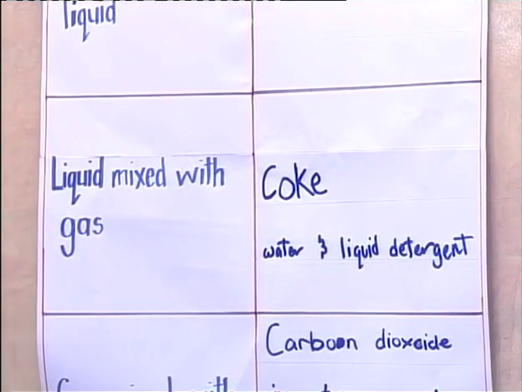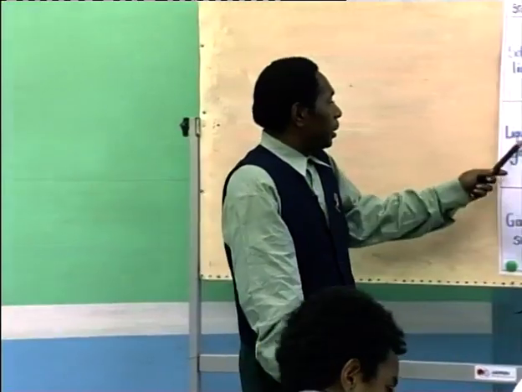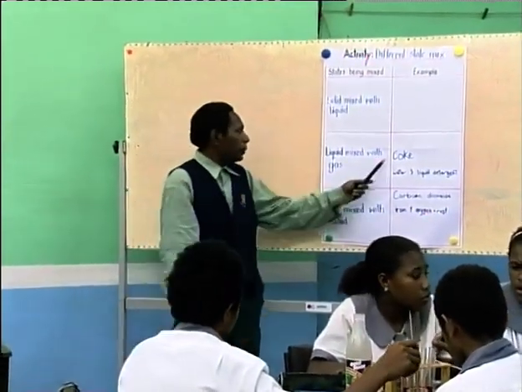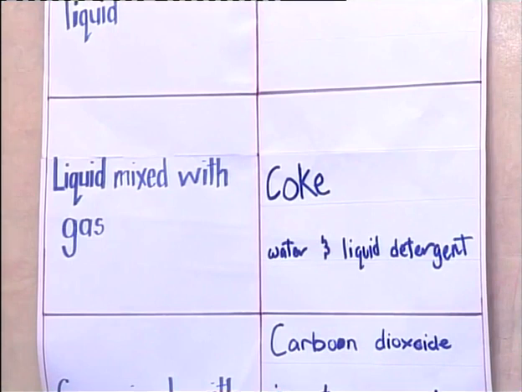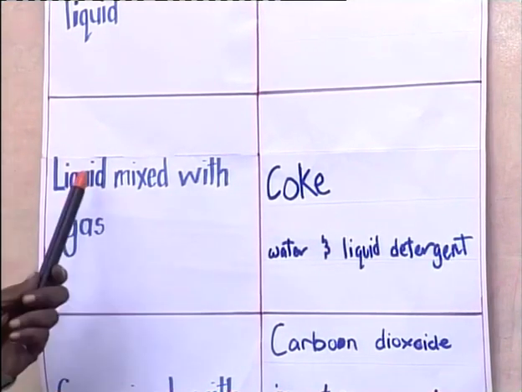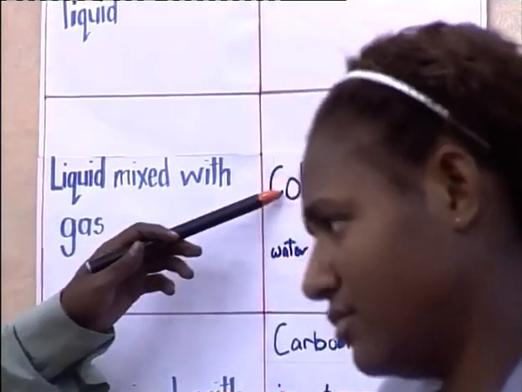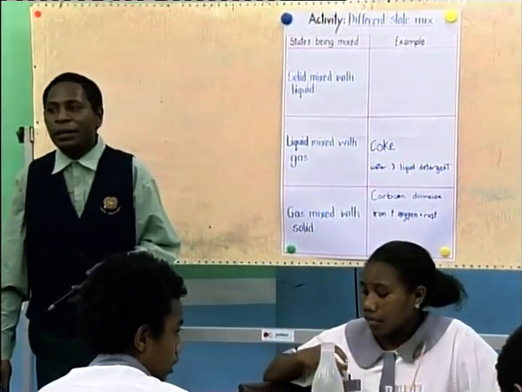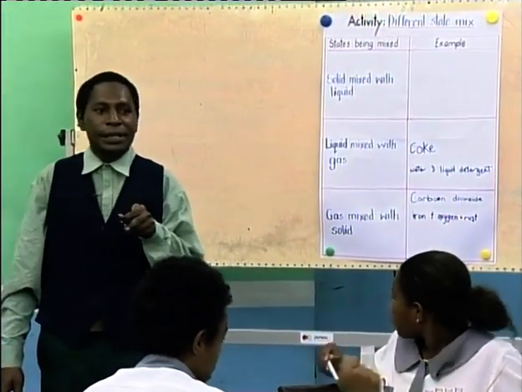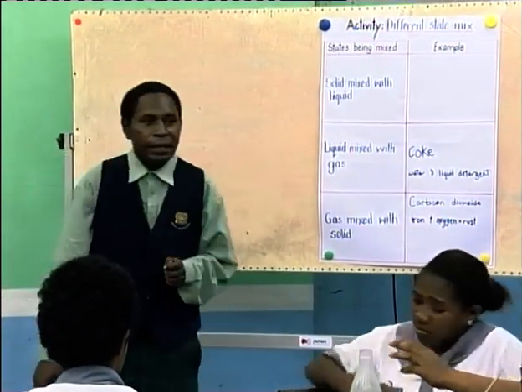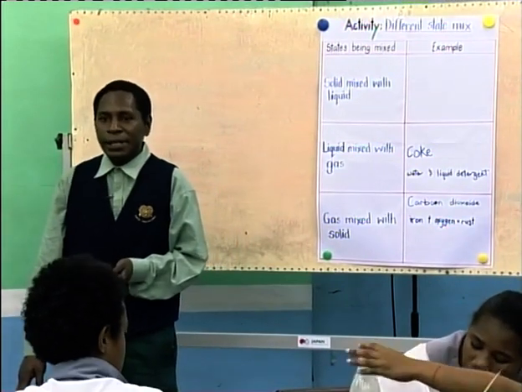Right, class and receiving students, we are looking at liquid mixed with gas. Now, we've got two examples here. Looking at those two examples, what else do you think you can have a liquid that is mixed with a gas in it? We've got Coke there. Yes, in the liquid itself there is carbon dioxide.